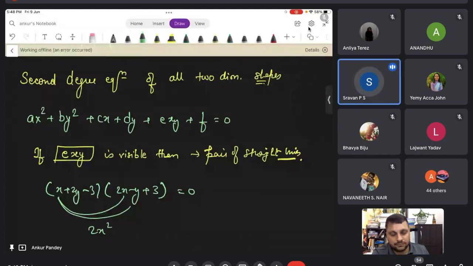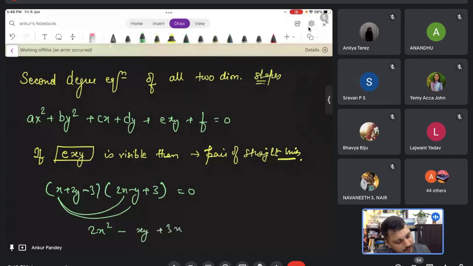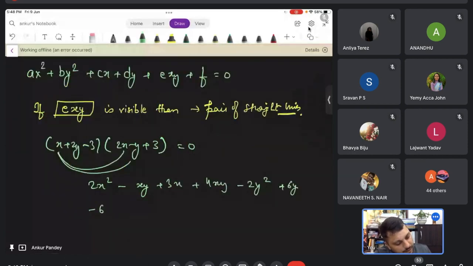Sir, 2x square minus 2y square minus xy plus 3x plus 4xy minus 2y square plus 6y minus 6x plus 3y minus 9 equal to 0. Yes or no? Right?